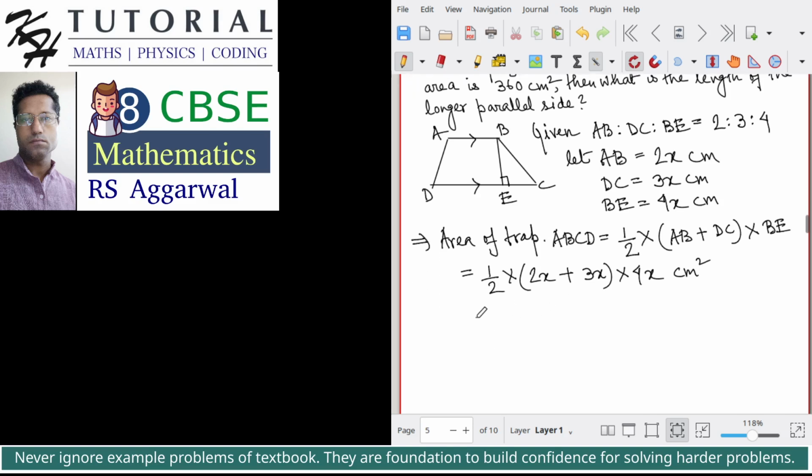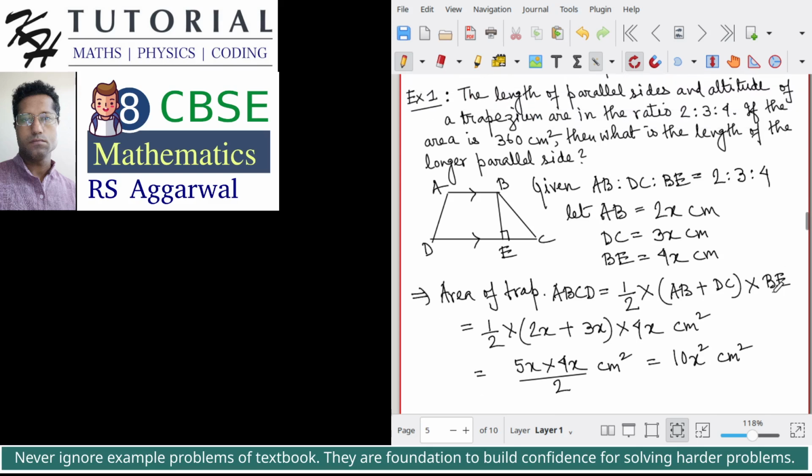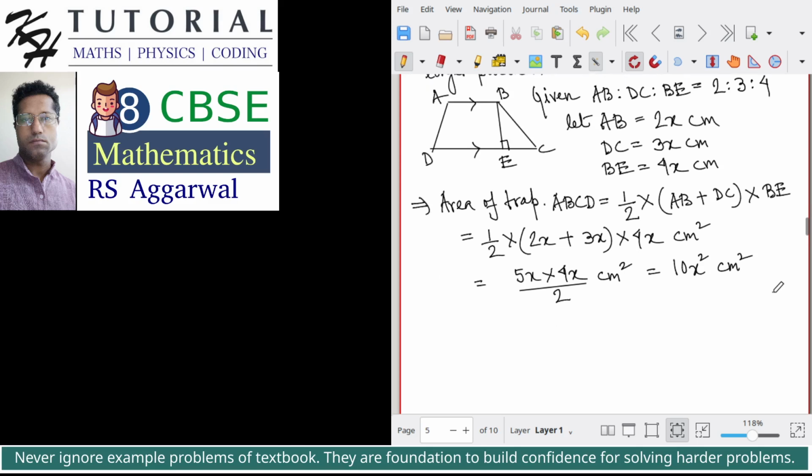If I simplify, 2x plus 3x is 5x. So we have 5x multiplied by 4x divided by 2, which is equal to 10x square centimeter square.